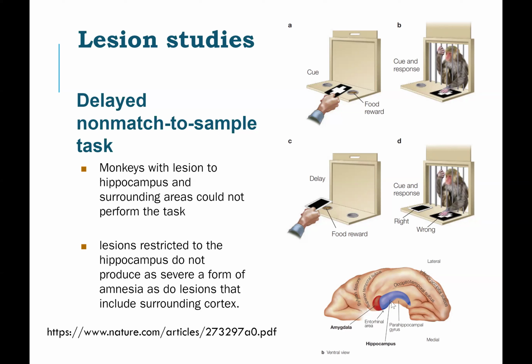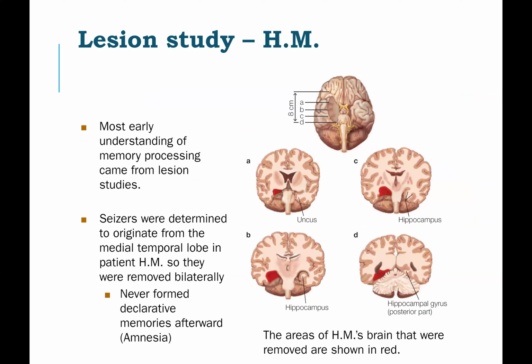What they found out is that if you only lesion hippocampus and lesion it accurately, like in the case of HM, as I said, this was a long time ago. So they not only removed the hippocampus, they removed a lot of chunks around hippocampus too. So the extent of the lesion that they caused him was much more severe than just hippocampus.